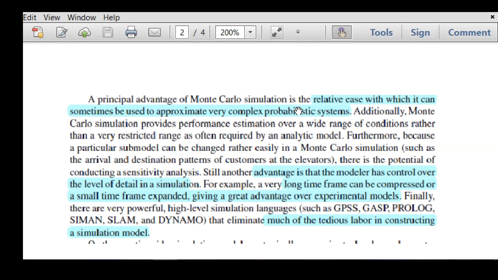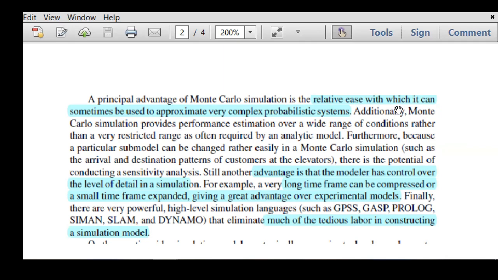Until we learn other simulation algorithms, we have to accept this as a fact. We cannot compare, since up to your syllabus we are going to learn only the Monte Carlo simulation. Monte Carlo simulation is an efficient algorithm, but we cannot compare on our own, because up to the syllabus we do not consider other simulation algorithms.